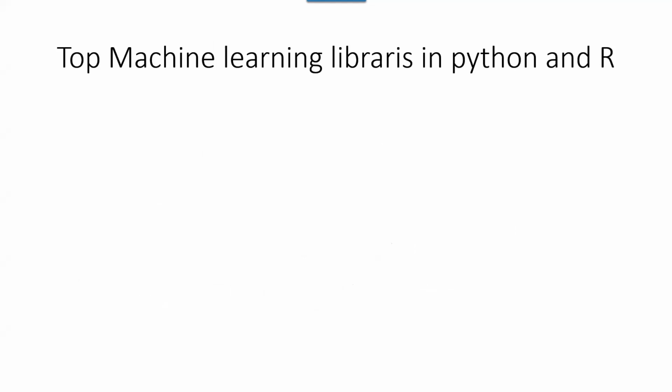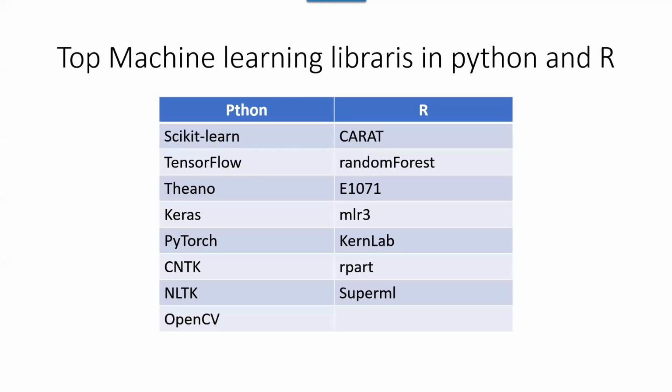The most popular machine learning libraries in Python and R are, in Python, scikit-learn, which is the most popular machine learning package. TensorFlow, developed by Google, is about deep learning. Theano, Keras, PyTorch, CNTK, NLTK, and OpenCV for image processing.